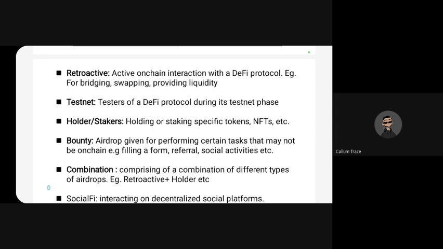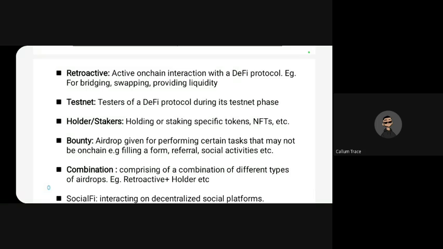But you can test out the protocol or the product to help stress test it, in case there are bugs and all of that, so that the projects can know where they can refine or fine-tune things before they go live.